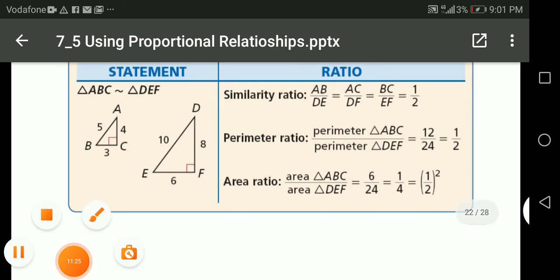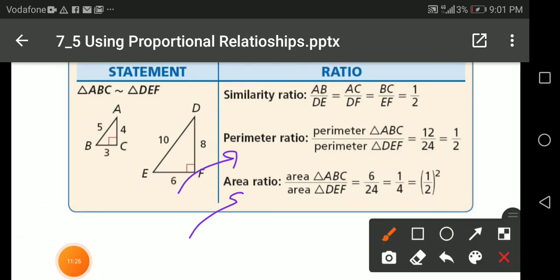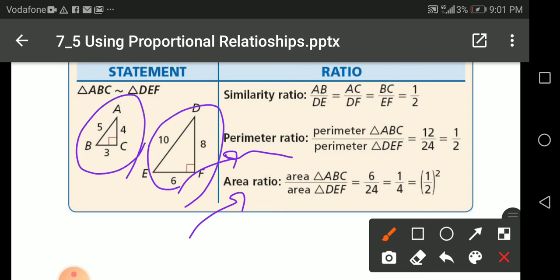So we have two other things that come to our minds. The perimeter ratio. You know, the perimeter is the sum of all sides. So the perimeter of ABC over the perimeter of DEF will give you the same ratio.